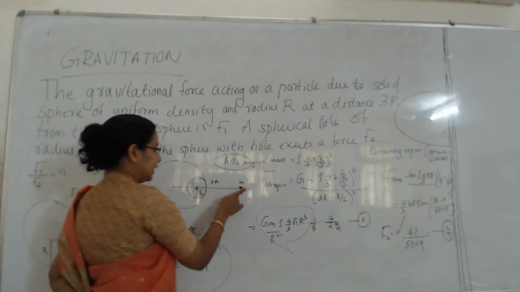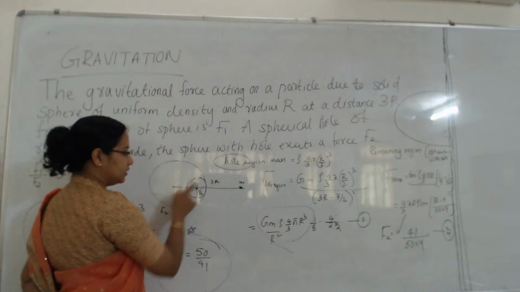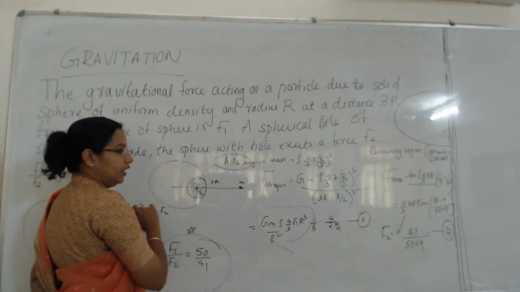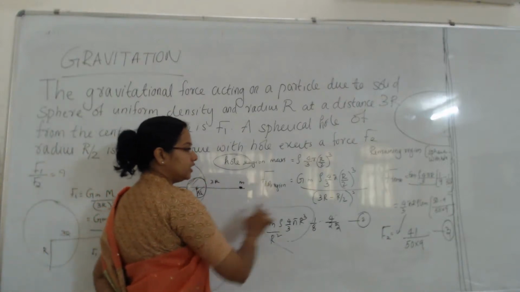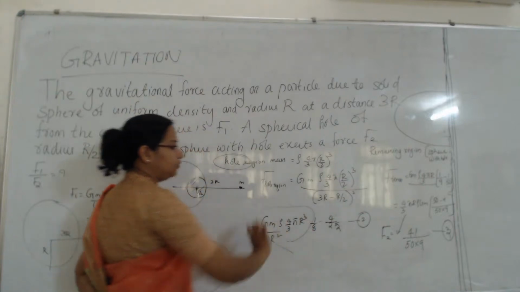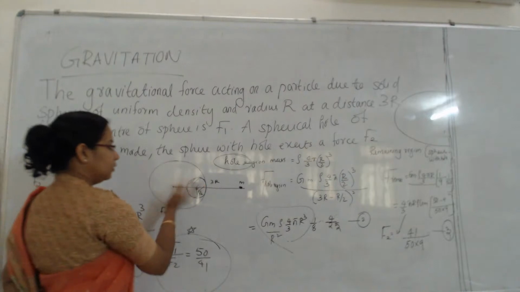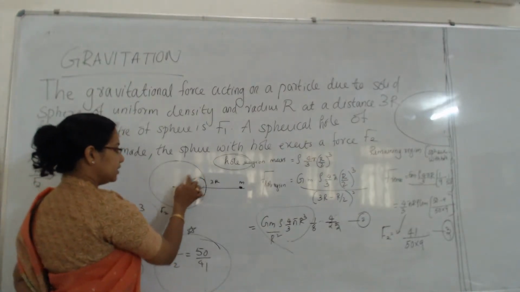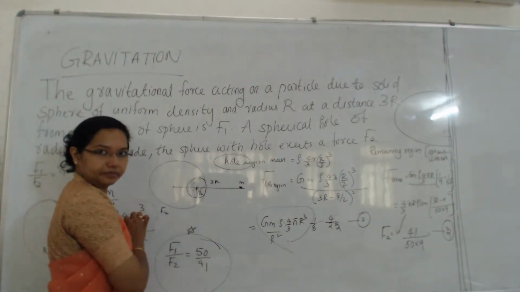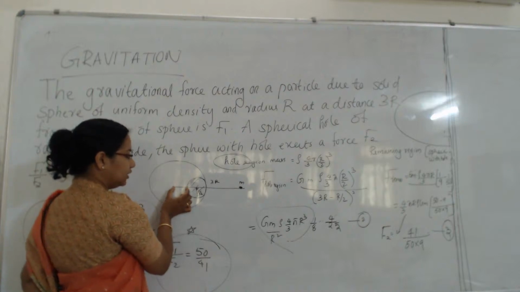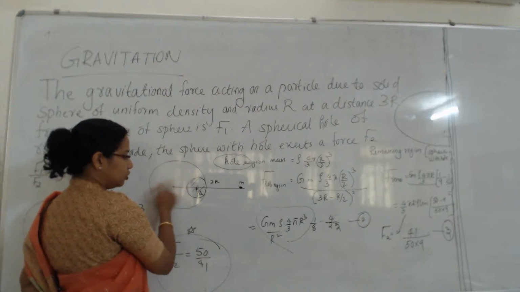So I am taking 3r will be there, this full region will be there. So for the hole region, G M rho divided by 3R minus R by 2 the whole square. The rest all the part stays, because I need this full region. Here this is R by 2, so this also should be R by 2.